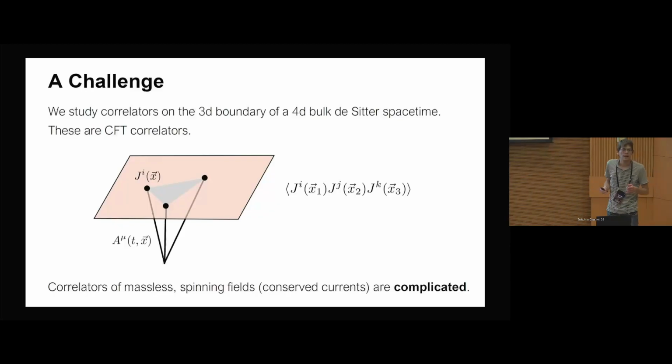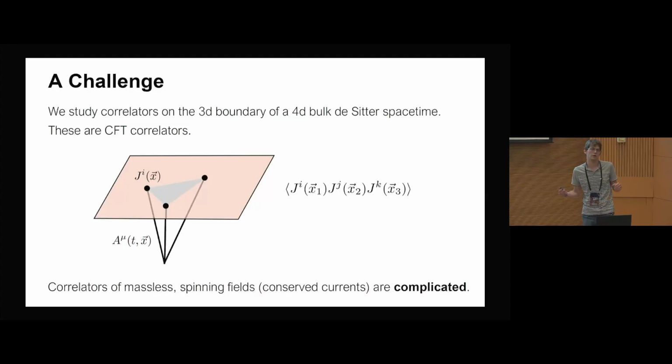Good. There is a huge challenge in our community, as Enrico explained today, which is that correlators of massless and spinning fields in cosmology are very complicated objects. These massless and spinning fields in the bulk, these gauge fields, correspond to conserved currents in the boundary.